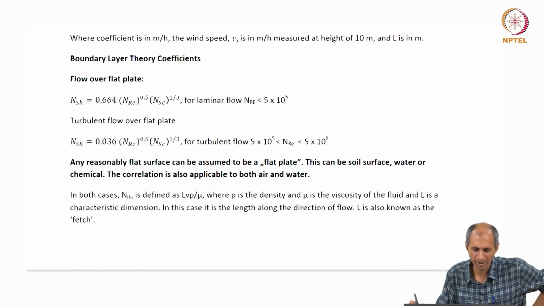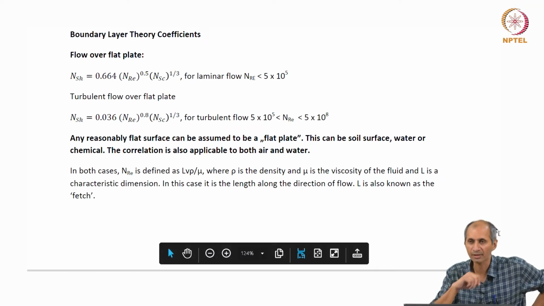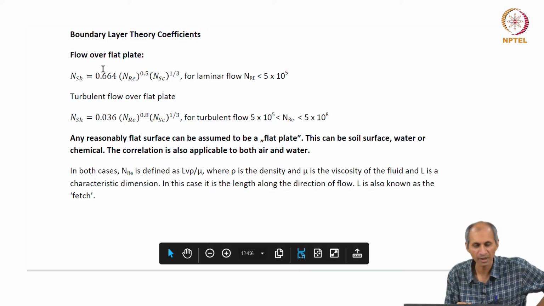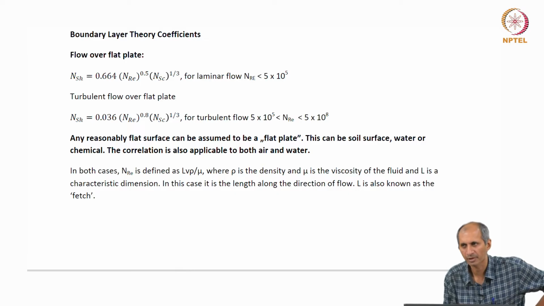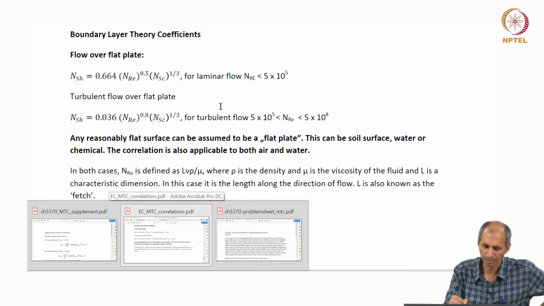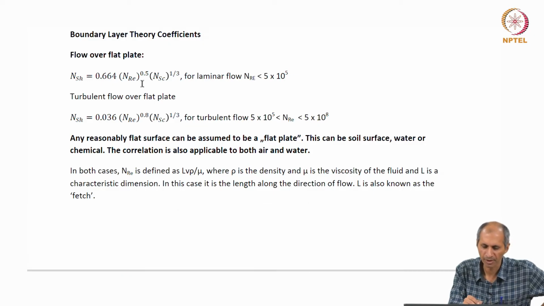In addition to this, there are a large number of theories for mass transfer. One of them is called the boundary layer theory for flat plate, for turbulent and laminar flow. So, this is the laminar flow boundary layer theory, where Sherwood number is 0.664 times Reynolds number to the power half times Schmidt number to the power one third, for Reynolds number less than 5 times 10 raised to 5.